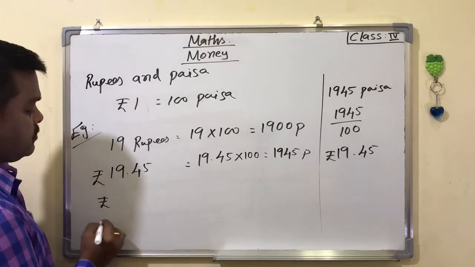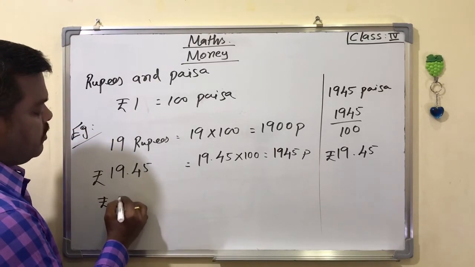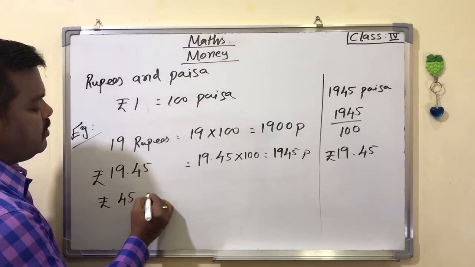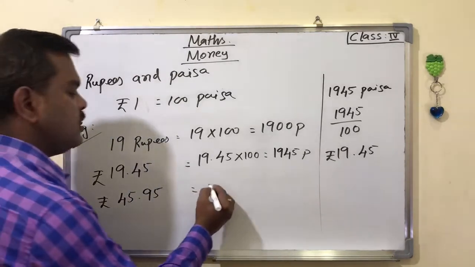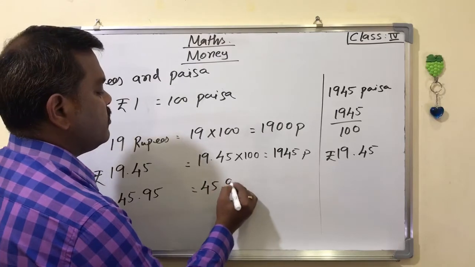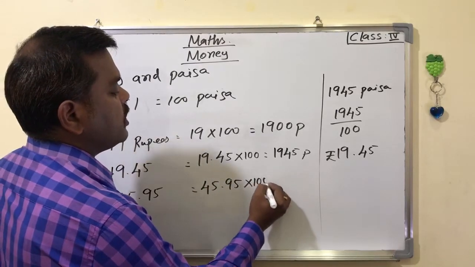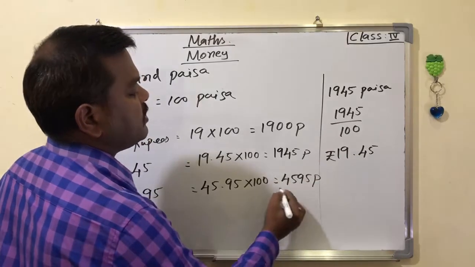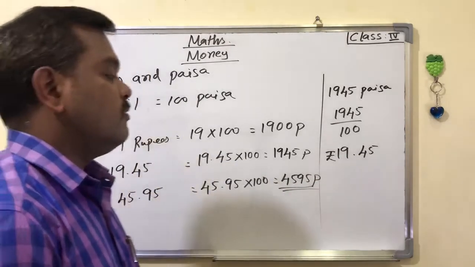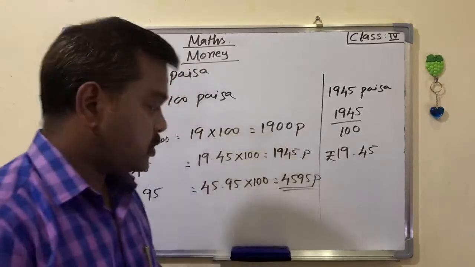One more question. Rupees 45.95, convert into paisa. Same procedure. 45.95 into 100 is 4595 paisa. So this is the way you have to convert rupees to paisa.